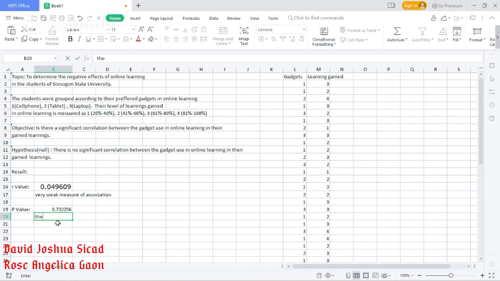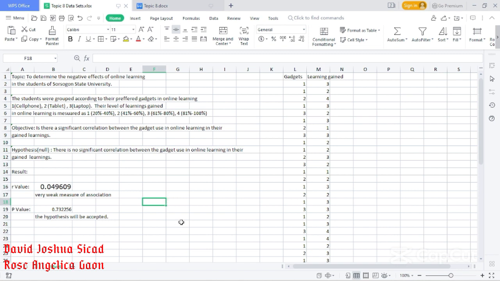So the null hypothesis will be accepted since the p-value is higher than the significance level, which is 0.05.